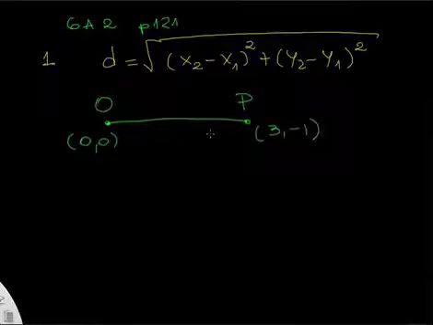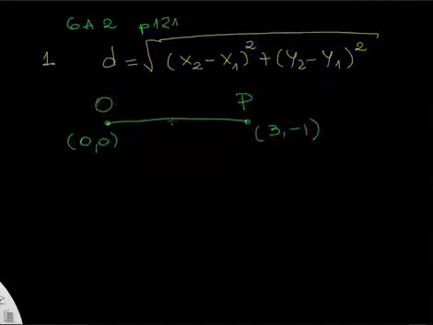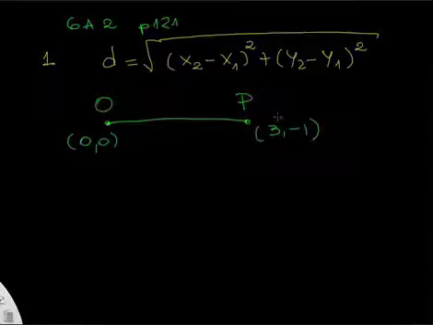Once you have identified the points, the only thing you have to decide is which one is going to be my point number 1 and my point number 2. You will learn by doing more exercises that you always want your point number 2 to be the one that has the greatest x.